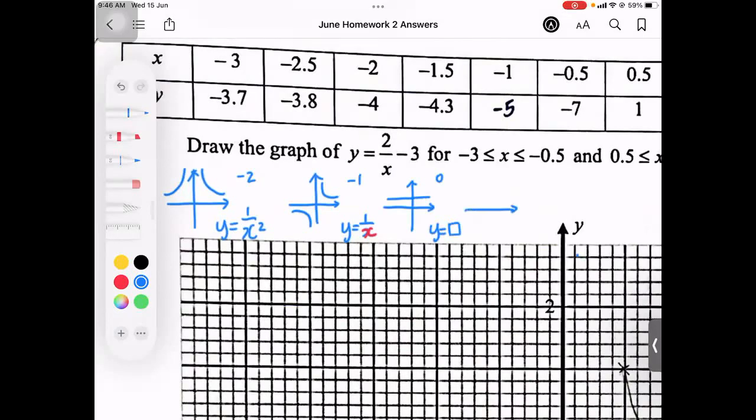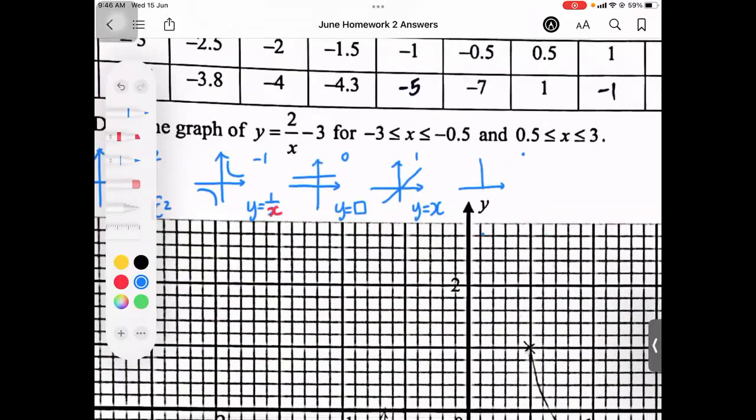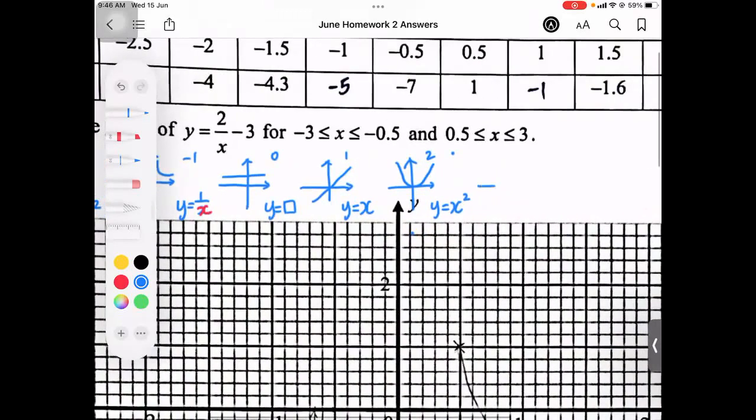Then the next one, y equals to x to the power of 1. That means it's an upward sloping line. y equals to x to the power of 2. y equals to x squared. Smiley face or sad face, depending on our question. y equals to x to the power of 3. y equals to x cubed.